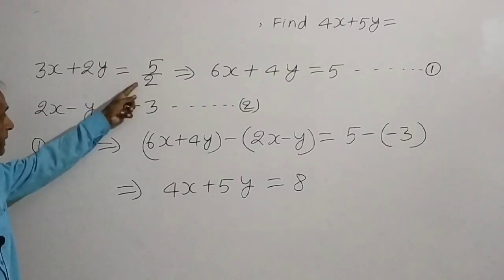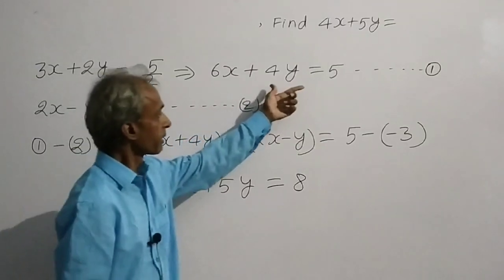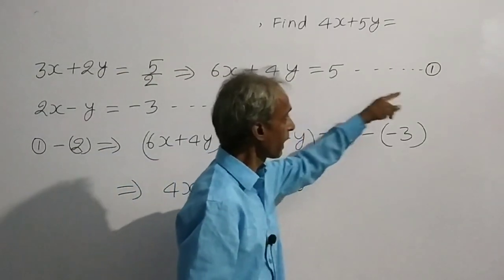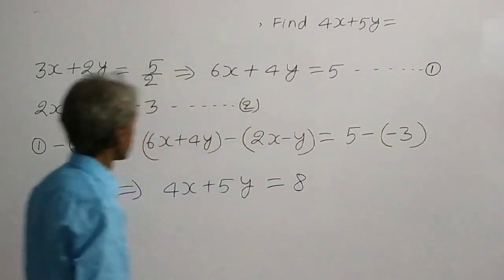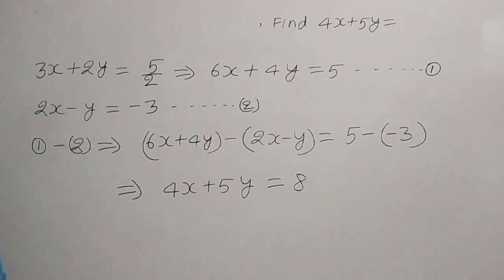Multiplying both sides of this equation by 2, we get this equation, and we suppose this equation as equation number 1, and suppose this equation as equation number 2.